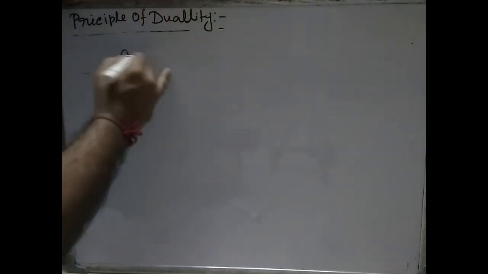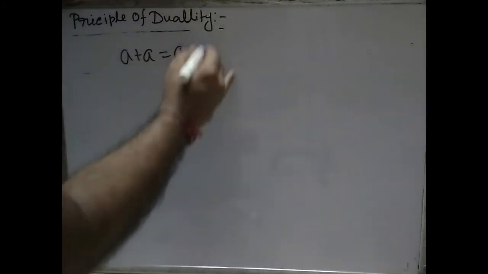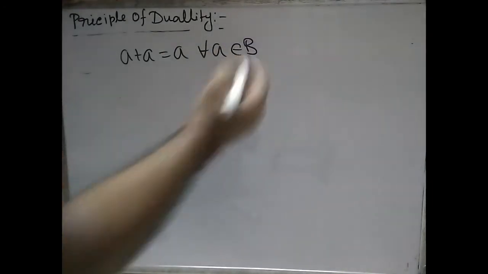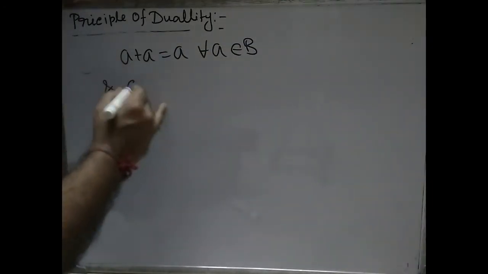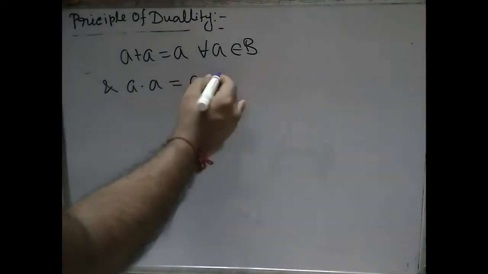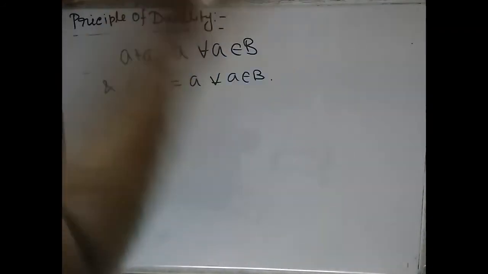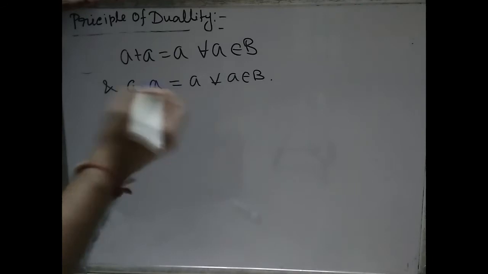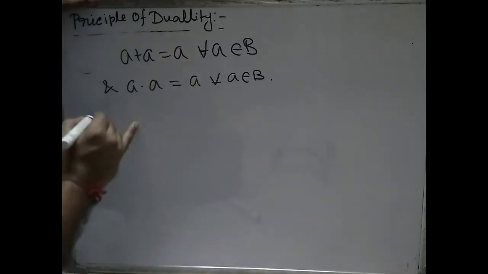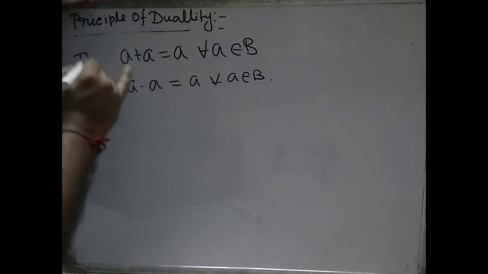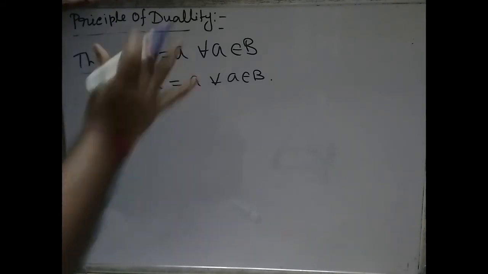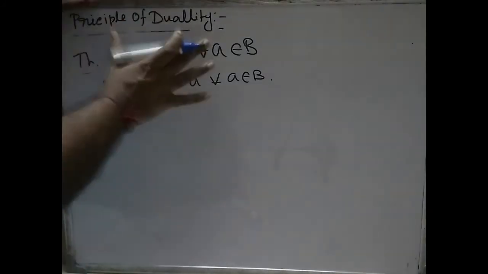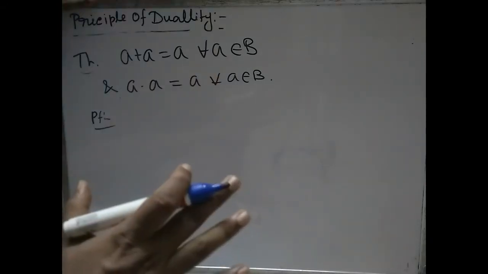Suppose we have to prove a plus a is equal to a for all a belongs to B, and a dot a is equal to a for all a belongs to B. Then we have to just prove one property. Suppose we will prove this, and by duality we will say that this is true.